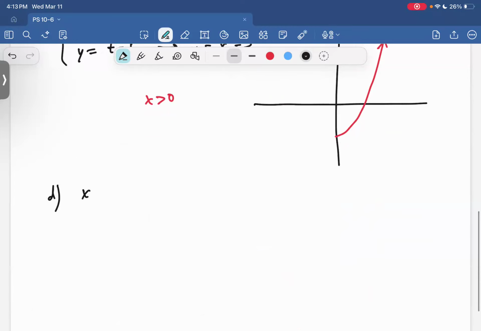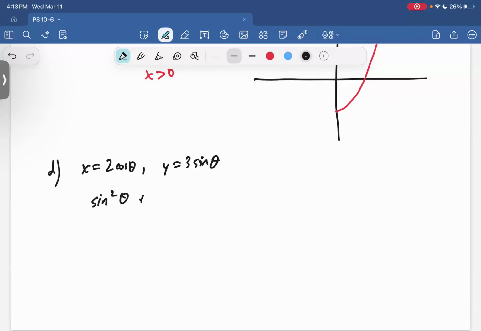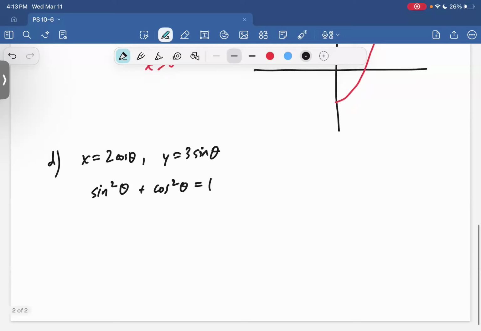D, we have x equals 2 cosine theta and y equals 3 sine theta. If you remember from class, this is an ellipse. We're going to want to isolate sine and cosine because sine squared plus cosine squared is 1. Sine is just y over 3, so sine squared is y squared over 3 squared.